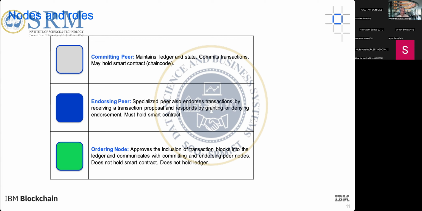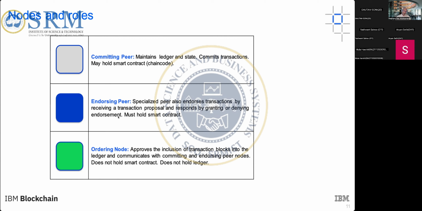Endorsement peers are specialized peers, and the transactions will be sent to them in the beginning. This is the first point of entry. If a client application wants to put information into the Hyperledger blockchain, these specialized peers endorse the transaction by receiving the transaction proposal and responding by granting or denying endorsement.